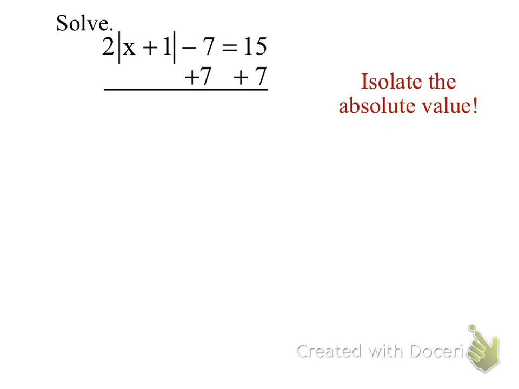And so what would I be left with? Kelly. 2 times, and then when it's next to the absolute value, what operation does that mean? So 2 times the absolute value of x plus 1 equals 22. Next step, what would I do, Byron?